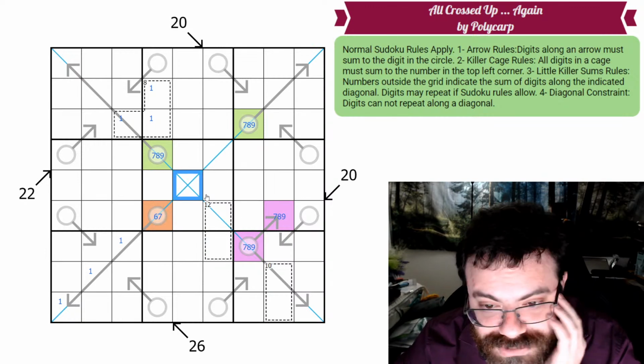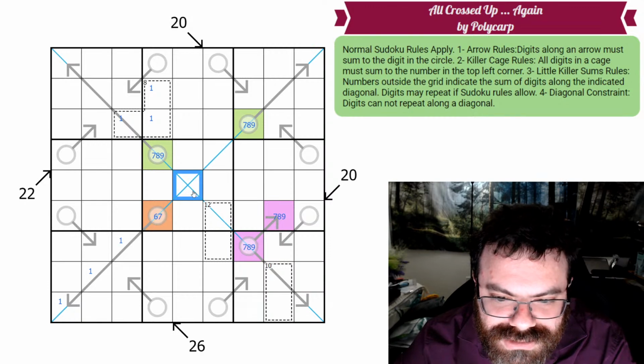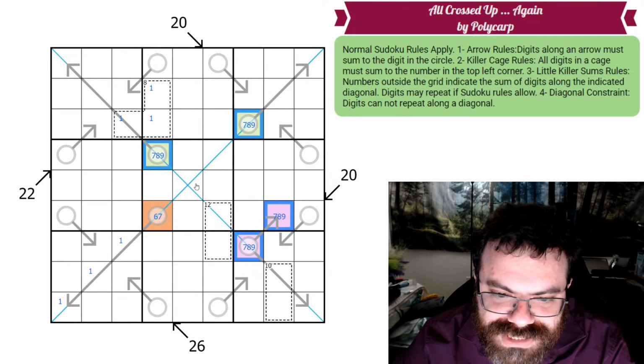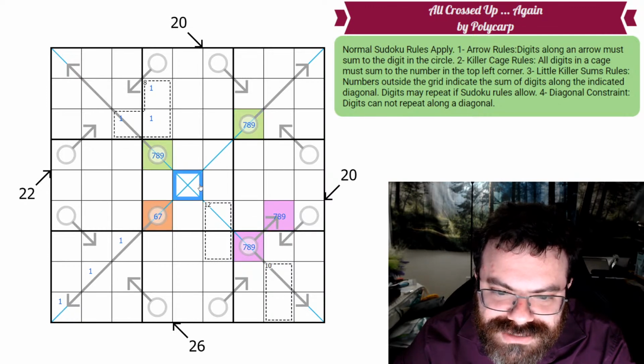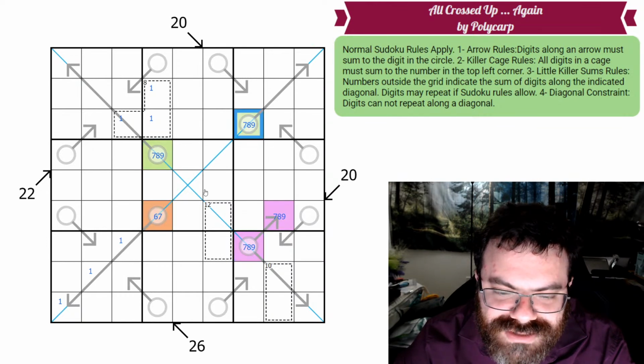Now someone has said a couple times the center can't be 9. So I'm going to investigate that. It would force this to be 6. Then green and purple would be a 7, 8 pair. Yeah, so if orange is 6, then green has to be 9. So if the center were 9, green and purple would be 7, 8, making this 6, making green have to be 9.